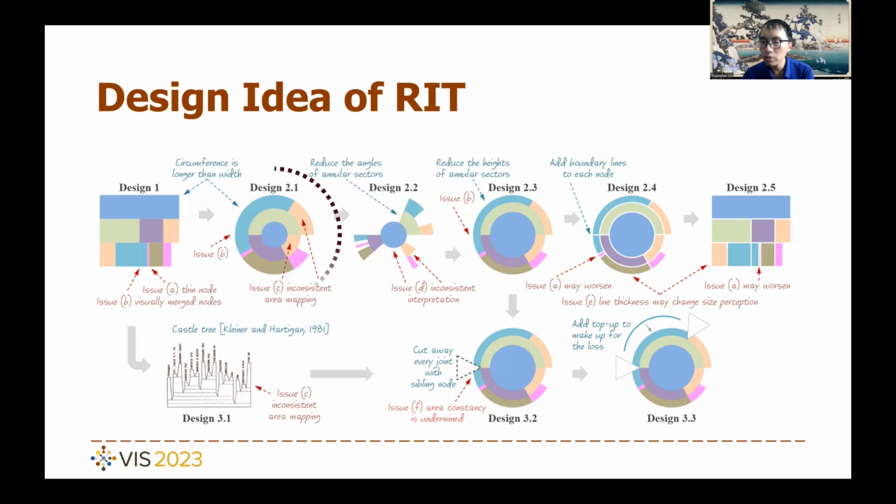Then we try to add the large gap potentially to ensure the area consistency. Instead of reducing the angle of each sector, another remedy may be to reduce the height of each of the sections. To control more precisely the wedge that is cut away and the top-up that is added, it needs to be explored mathematically.